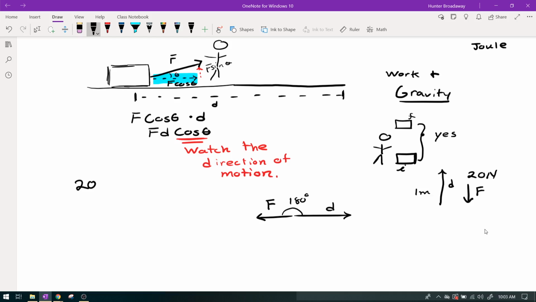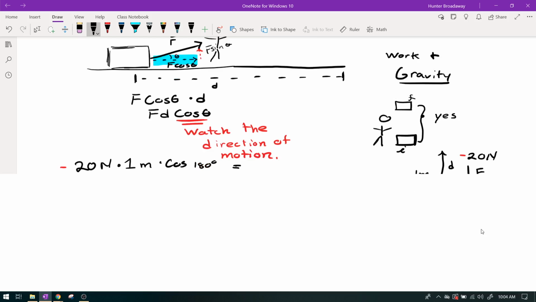So it's -20 newtons, and that would come out to -20 times cosine, and that would give you a positive 20 joules. So you'd have positive 20 joules. There's a whole spot down here where it doesn't want to work. So it's positive 20 joules.